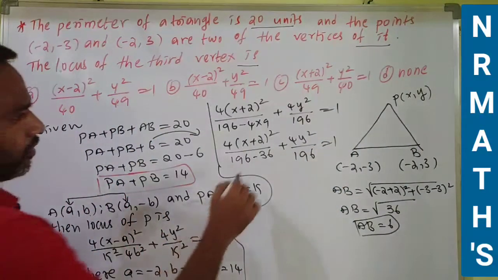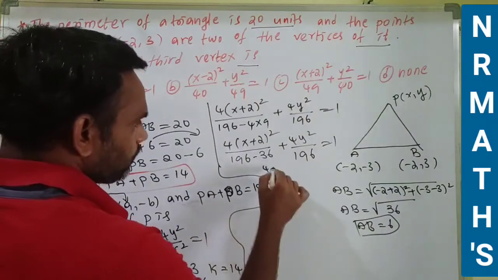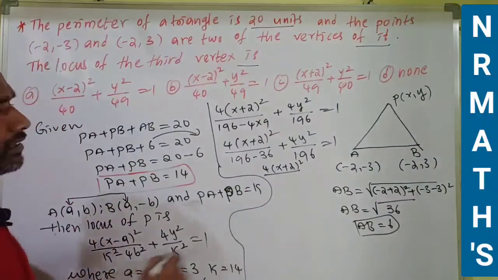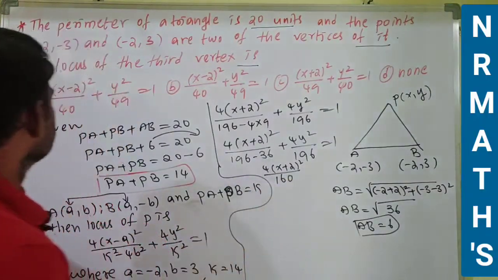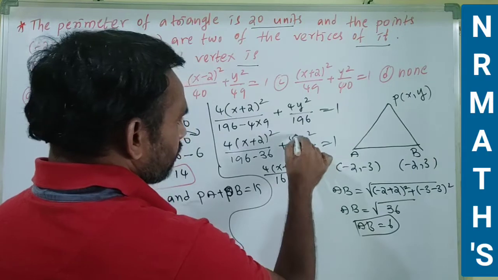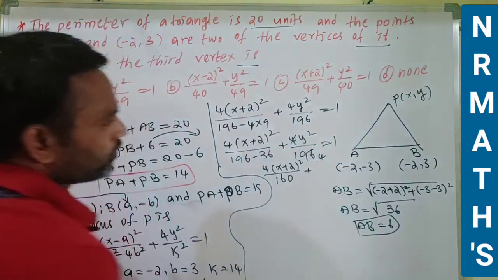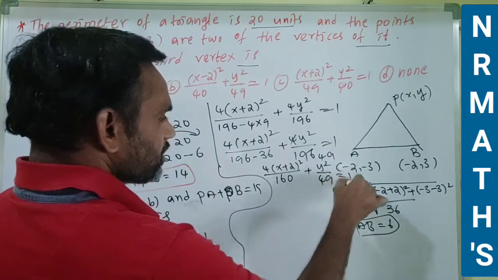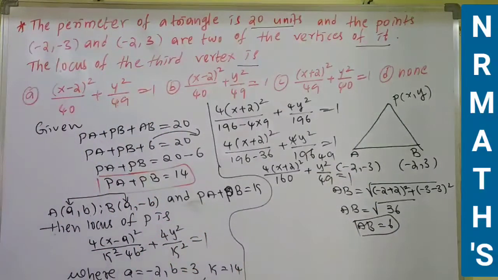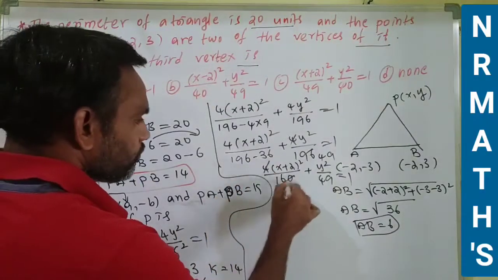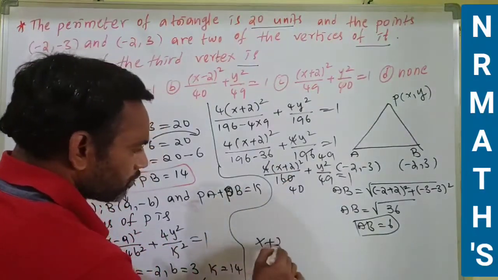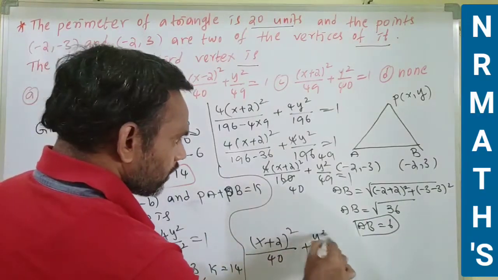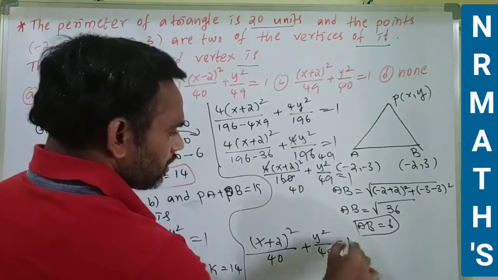Now 4(x plus 2) whole square by denominator 196 minus 36, the answer is 160, plus 4y square by 196 is equal to 1. Simplifying, 4 ones 4 and 4 forty gives 40, and 4 forty-nines gives 49. So (x plus 2) whole square by 40 plus y square by 49 is equal to 1.